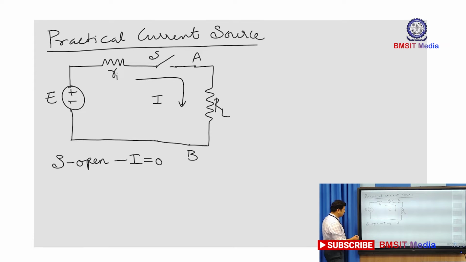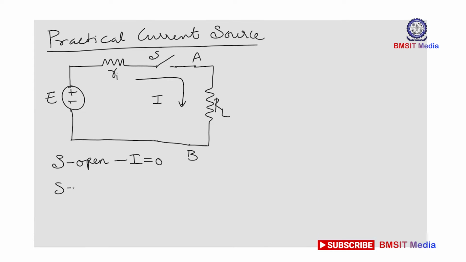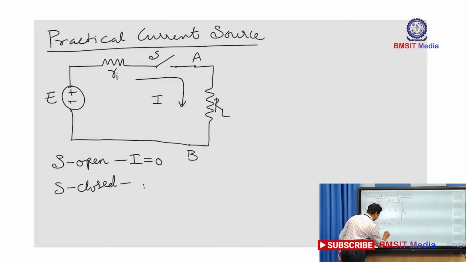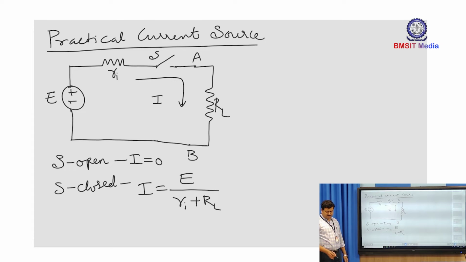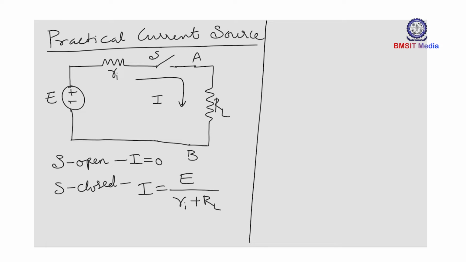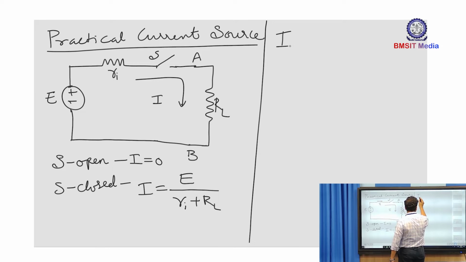Now, when switch S is closed, my I will be equal to E upon Ri plus RL. Now, I will rewrite this current I in such a way.